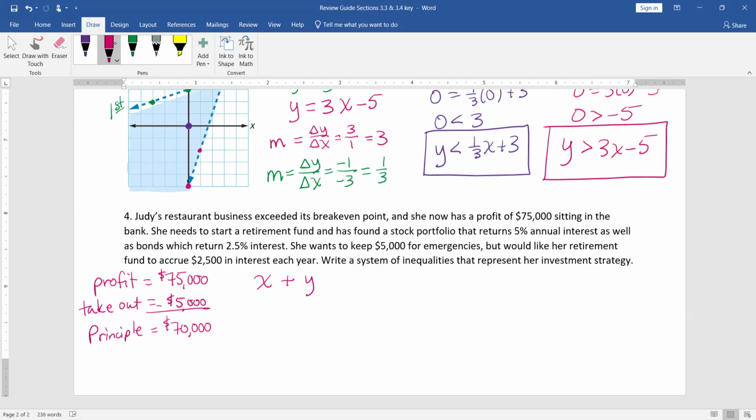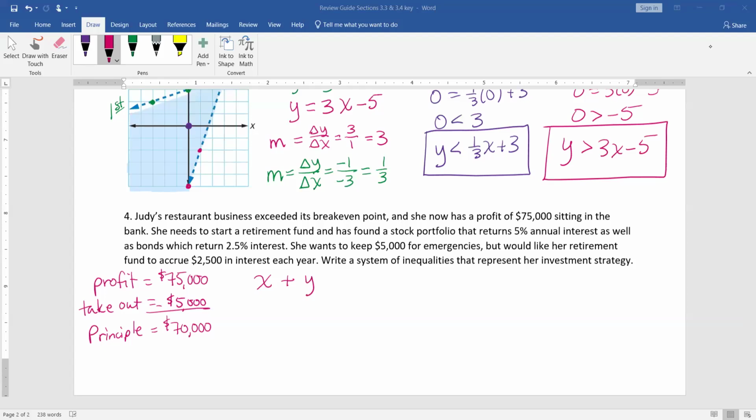Write a system of inequalities that represents her investment strategy. Let me think. Profit of, I guess we'll just say those two maybe are less than or equal to 75,000. I don't know. Let me double check. My brain stopped working.